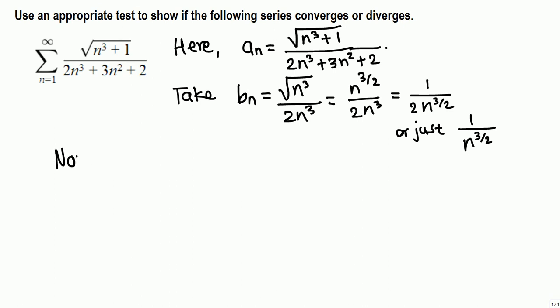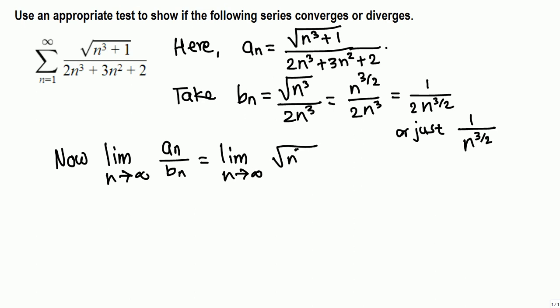Now, limit as n goes to infinity of an over bn, that is n cubed plus 1 divided by 2n cubed plus 3n squared plus 2, divided by bn. Bn is 1 over n to the 3 halves, so dividing means multiplying by its reciprocal, n raised to 3 halves over 1.